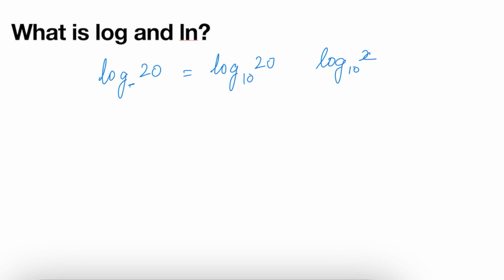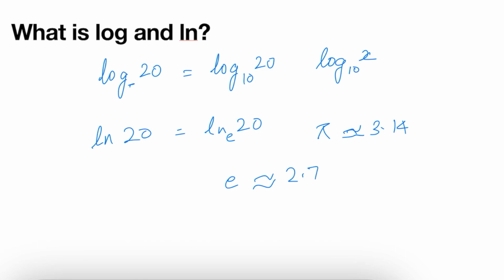10. Okay. And there's one more thing called natural logarithm. When you say natural logarithm of 20, this means log 20 to the base e. Okay. What is e here? e is nothing but some constant. You know, pi is a constant which is approximately equal to 3.14. e is also a constant like that, which is approximately equal to 2.718.